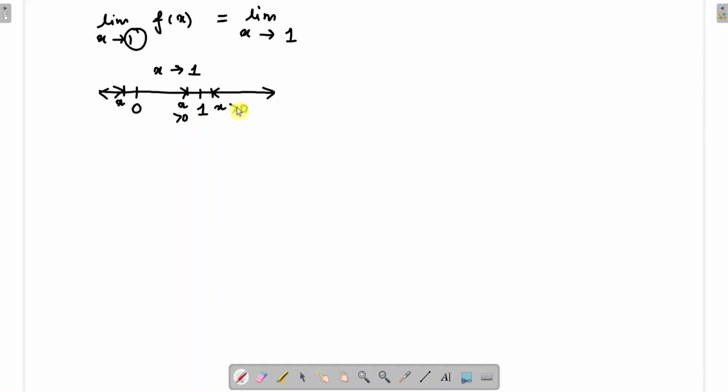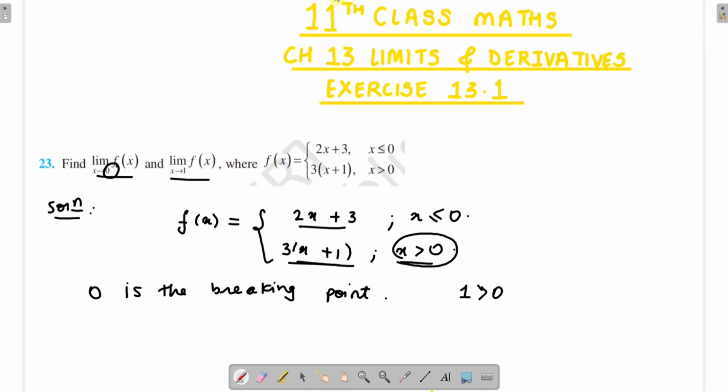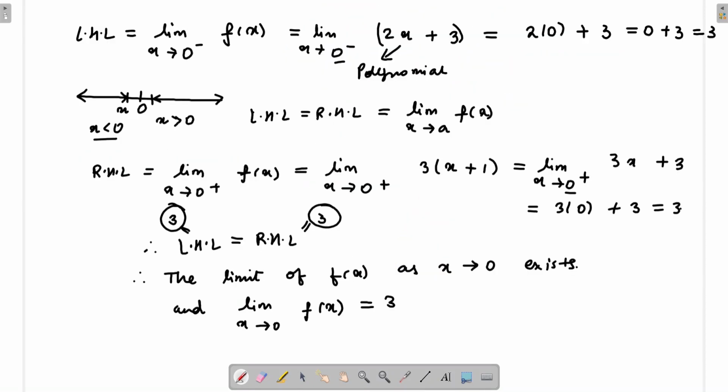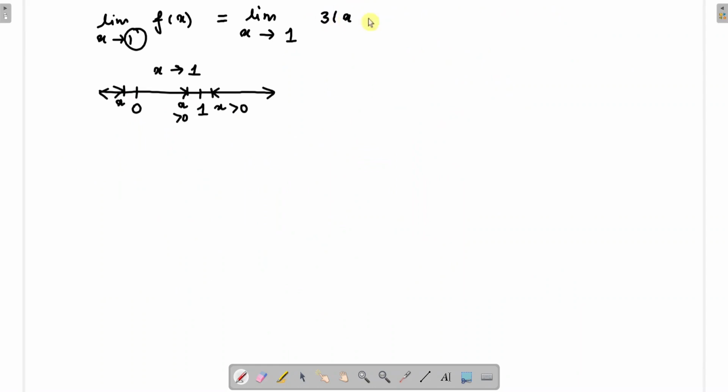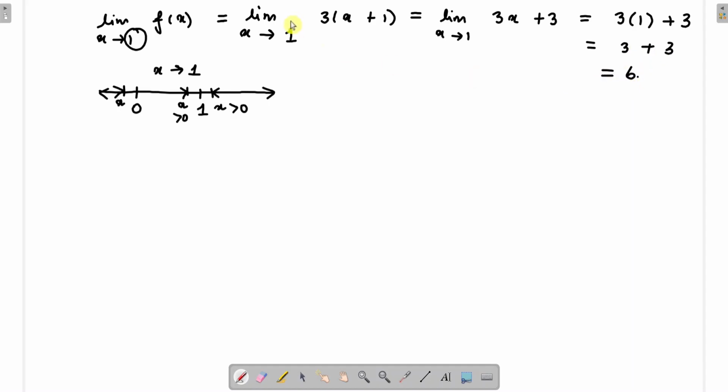So what is the definition when x is greater than 0? 3 times bracket x plus 1, this will be equal to limit x tends to 1 of 3x plus 3, which is equal to 3 times 1 plus 3, which is equal to 3 plus 3, which is equal to 6. So this is the answer for the second part, okay.